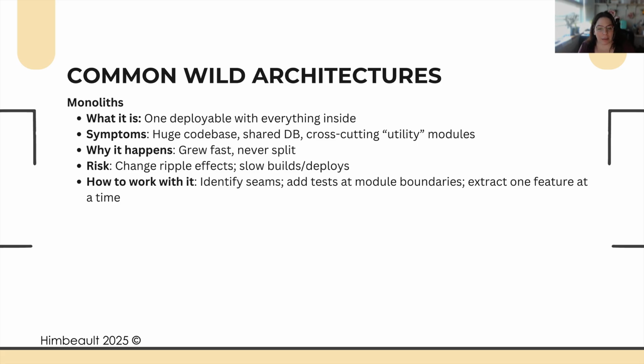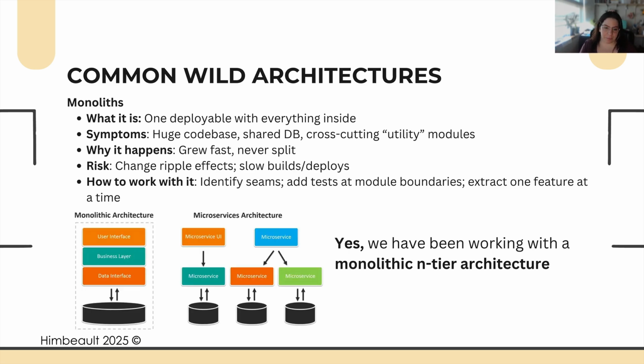Right now those seams might be method seams, class seams, or package seams, depending on how monolithic the code base is. And we can add tests at those module boundaries and start to extract one feature at a time, organizing this a little bit more.